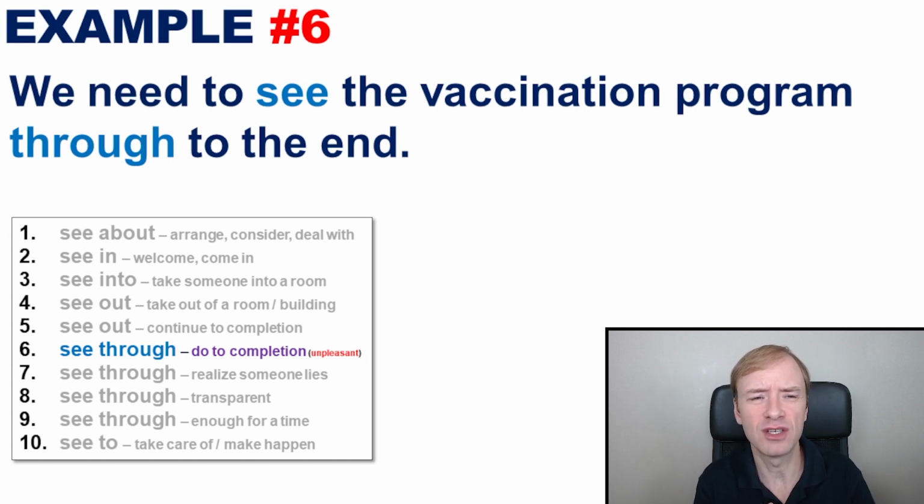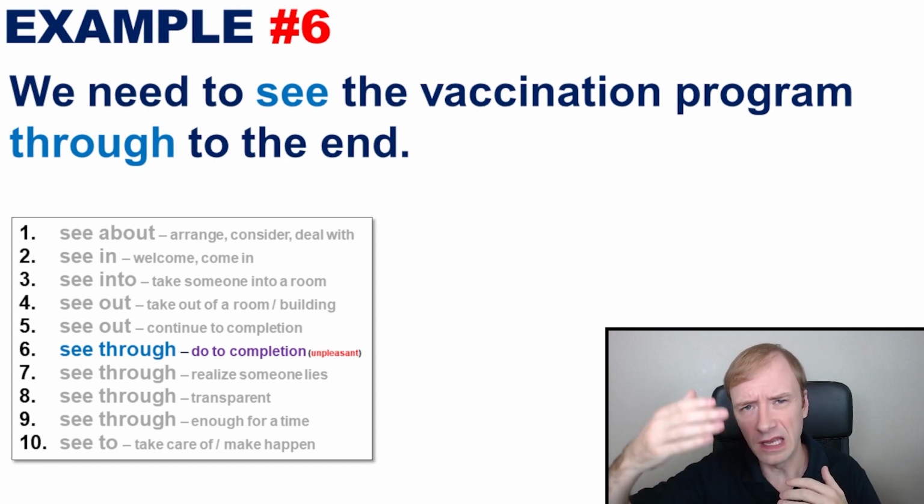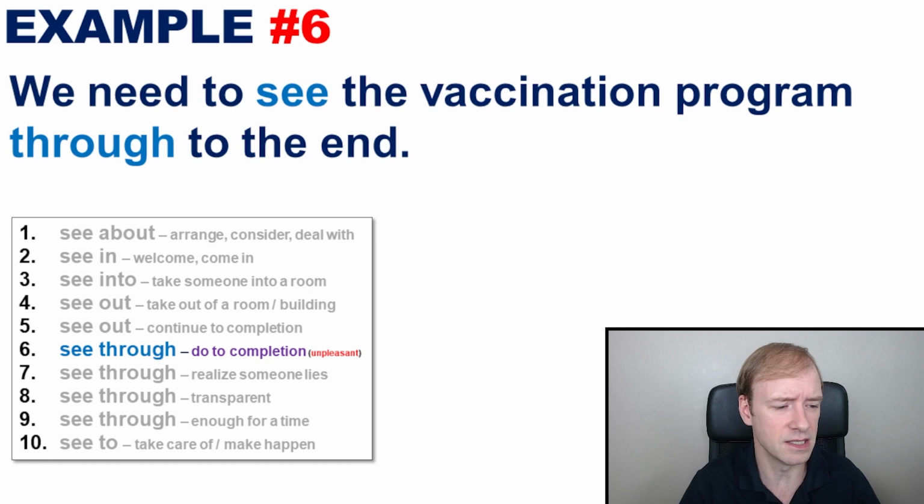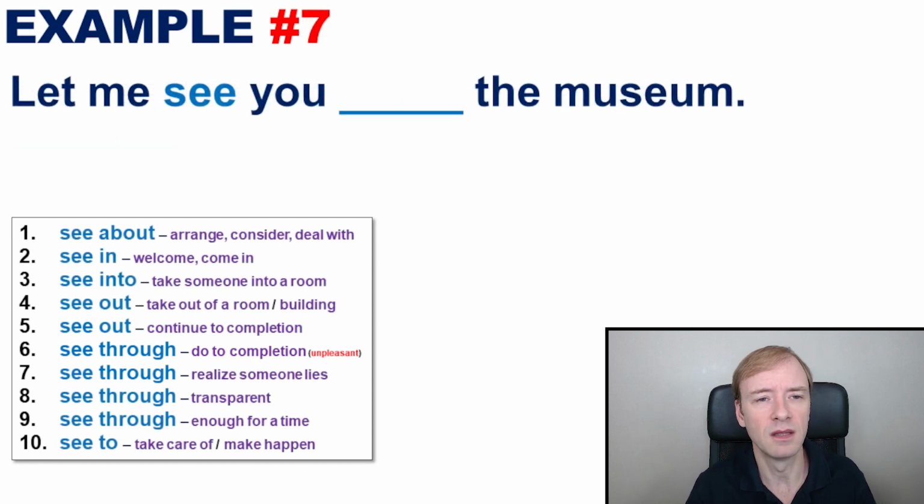Now, vaccination is a health issue, and a health issue is kind of a negative thing, and vaccinating people is a difficult thing. So we're going to use see through to completion, we have to keep working until it's finished, although it's hard and unpleasant, not easy. Number 7, let me see you the museum.